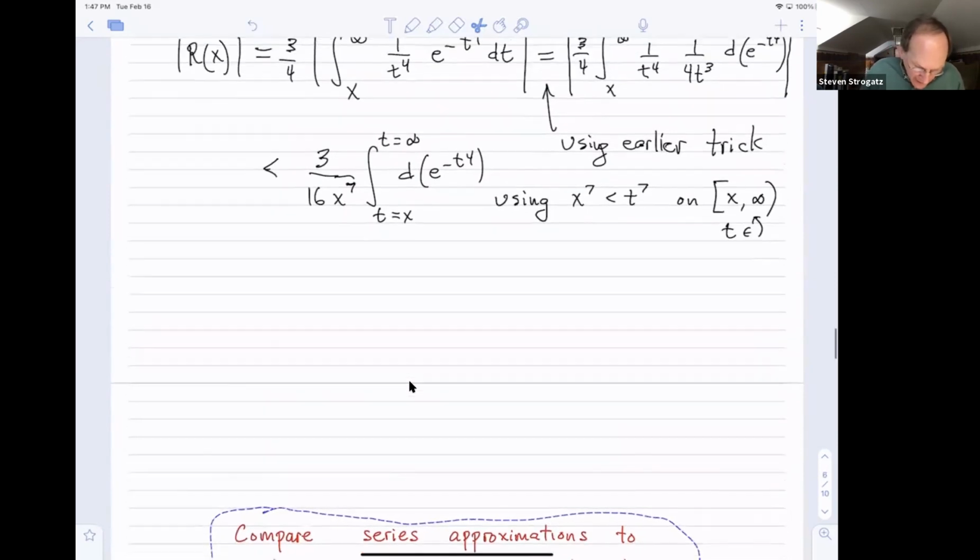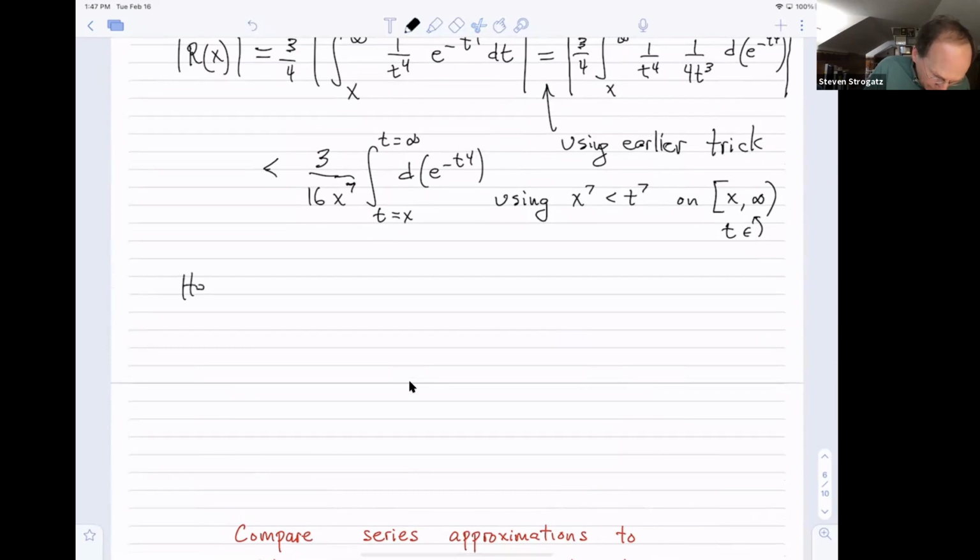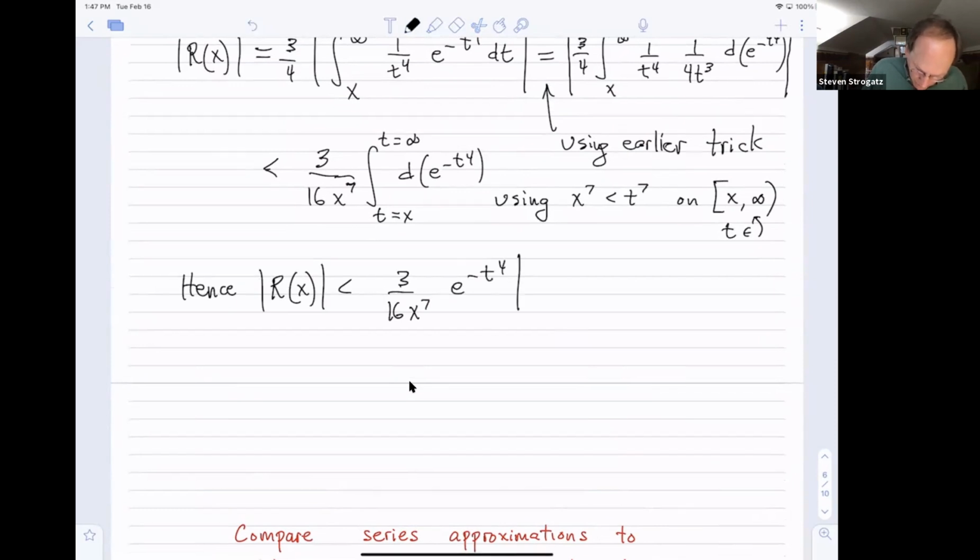Okay, and so this integral I can calculate now. Hence, the magnitude of the remainder is less than 3 over 16 x to the 7th, e to the minus t to the fourth evaluated between x and infinity in magnitude.